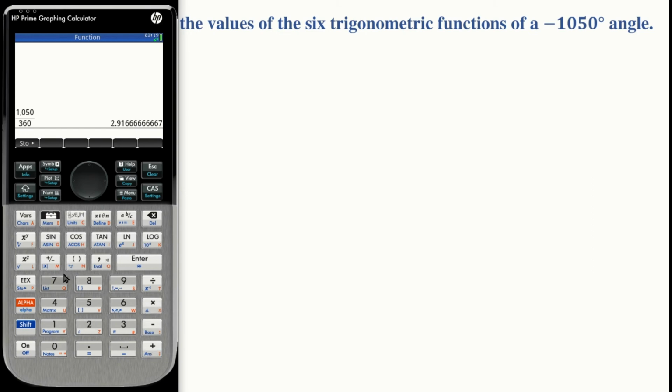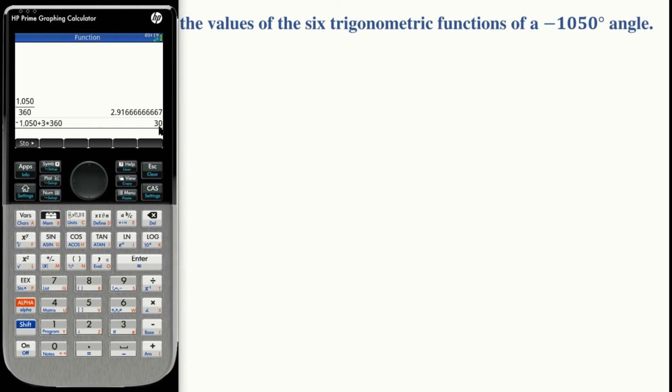So we're going to start with negative 1050 and add. And remember, when you start with a negative, you round this up, so to the next whole number. So you add 3 multiples of 360, and you notice that you end up with a 30-degree angle.